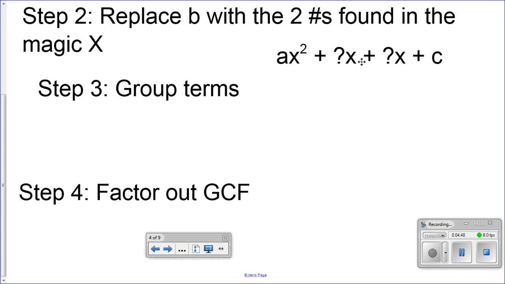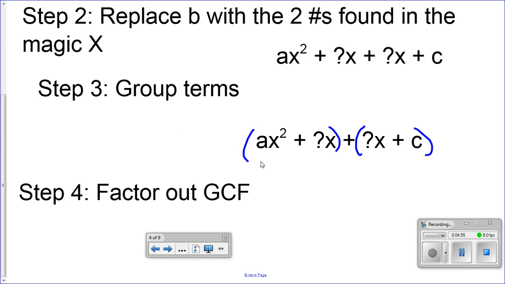So that's when I split it, so it becomes 2 terms, and then I group it off, just like this, so it creates 2 binomials, and then I factor out the GCF for each one. There's something in common between the ax squared and the question mark x, and something in common between the question mark x and the c. And then we just factor out the GCF.